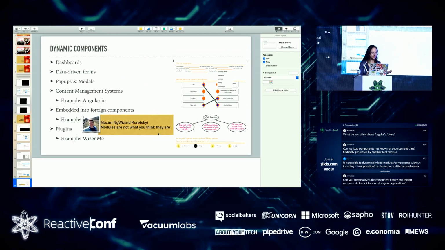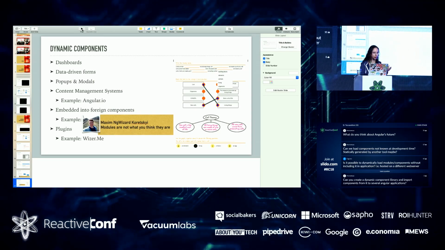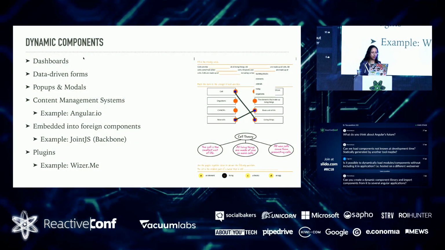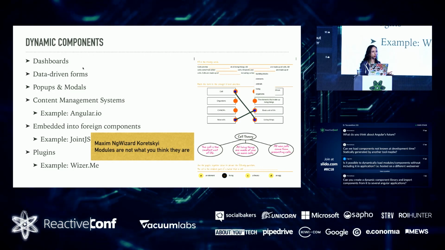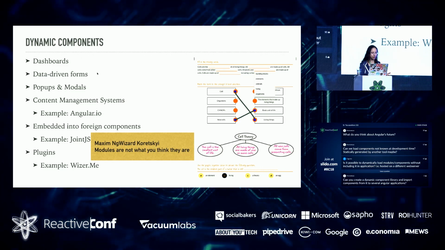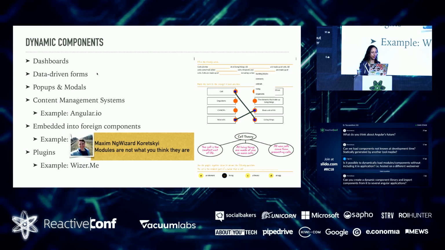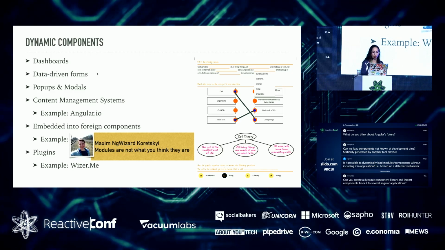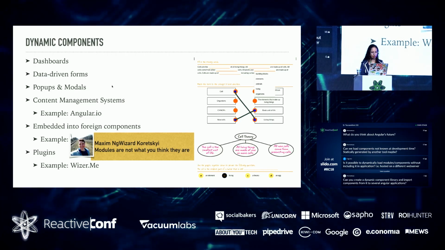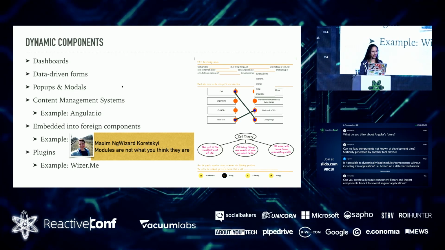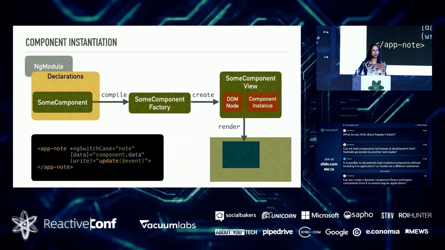They need only what they use. A great article about that, and also a video that you can watch, is by Maxim Koretsky, "Modules are not what you think they are." So make sure you watch this and read his blog posts in Angular in Depth.